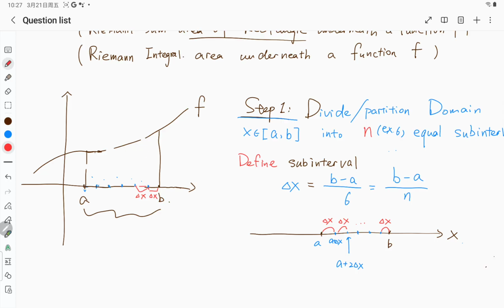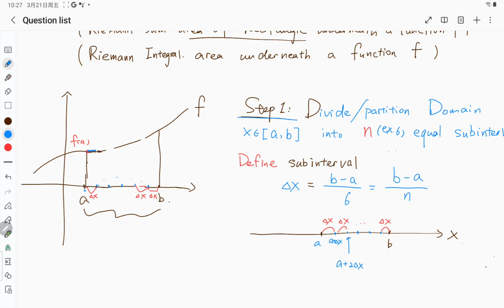We already have the base, and if I pick the left point of the first interval, the first delta x, and take how tall the function value f(a) is, then I can draw the first rectangle, and it looks like this.